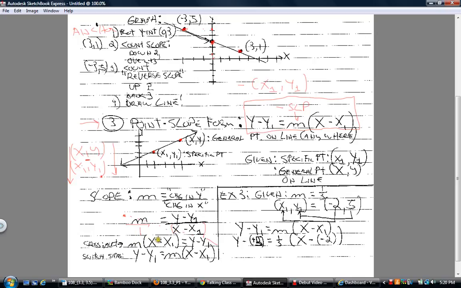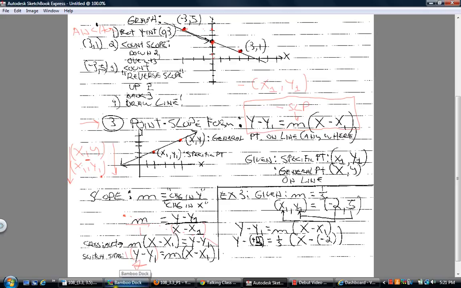And that's what this is, cross multiplying m times there, and then they went the other way, 1 times y minus y sub 1, and they put it over here. Now, 1 times anything doesn't change the value, so that's why in my notes I just say y minus y sub 1. Okay, there it is. That's where it came from.